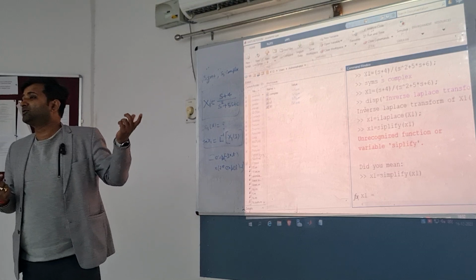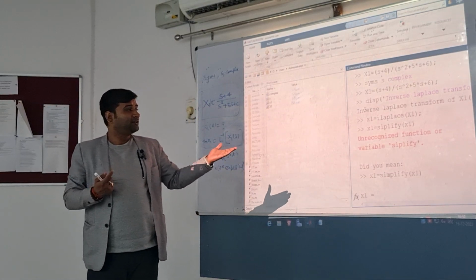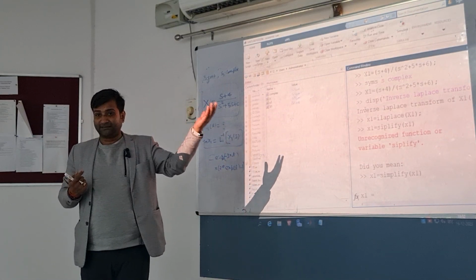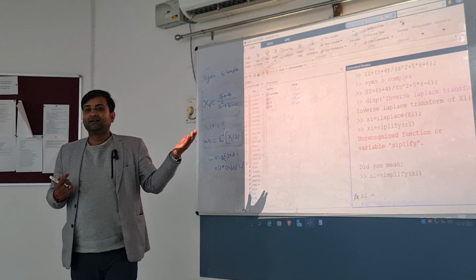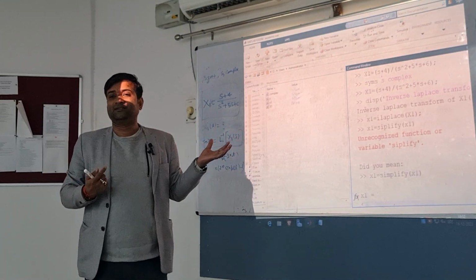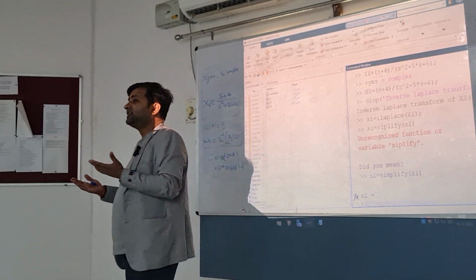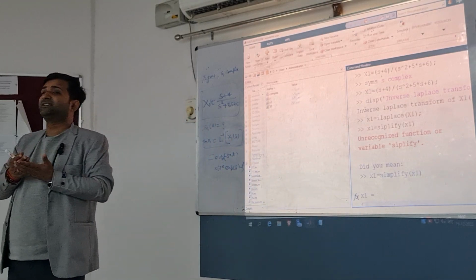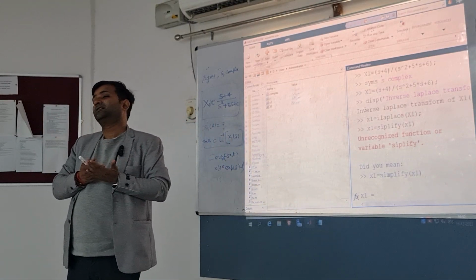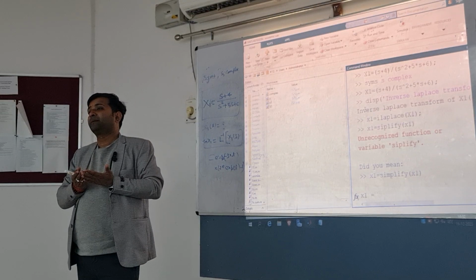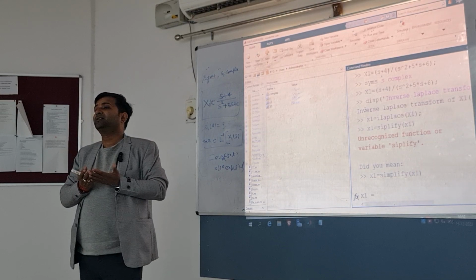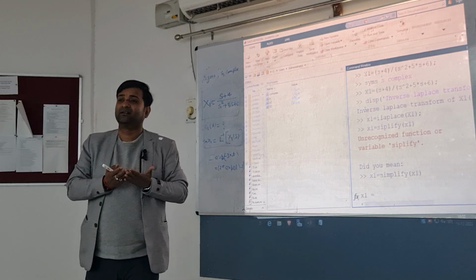This is the simplest way to write a MATLAB code for given signals. This is one type of application. There are various types of applications in signal processing, communication, wireless, control systems, and machine learning.